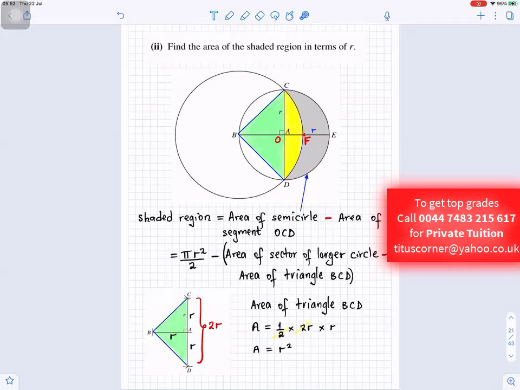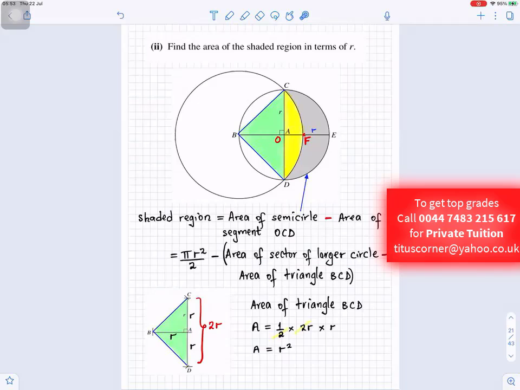Now, the area of the semicircle is pi radius squared over 2, minus the area of the sector of the larger circle, minus the area of triangle BCD.